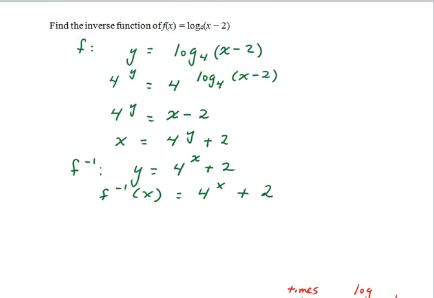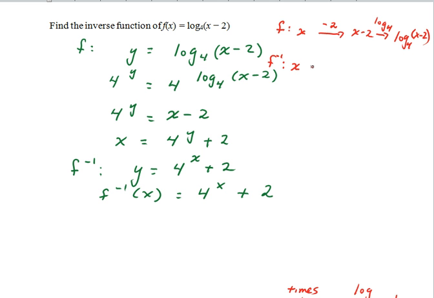Let's look at the third example in the same light. Notice that with the function f, first of all, we subtract 2 to get x minus 2, and then we take the log base 4. So for f inverse, we do the inverse of the operations in the reverse order.